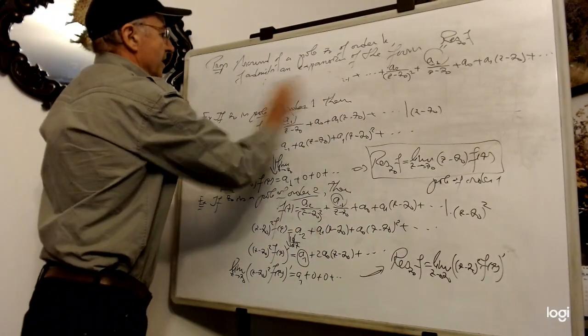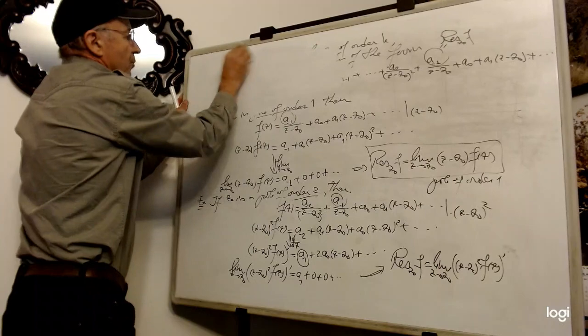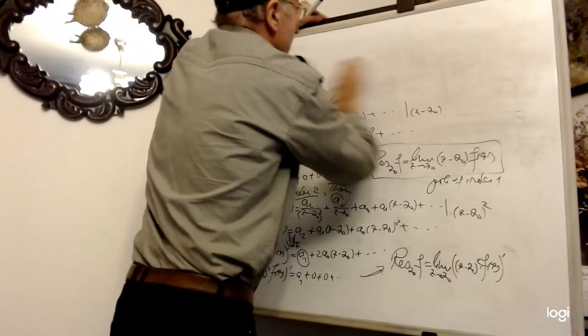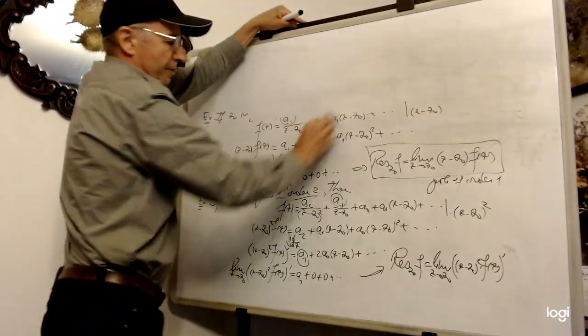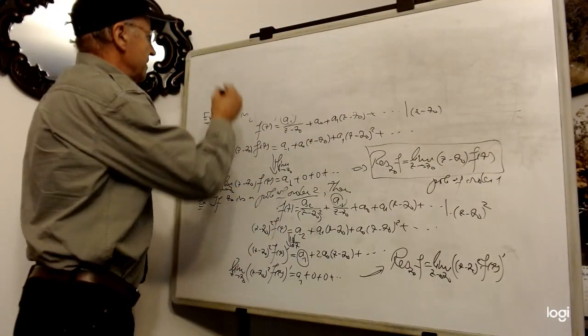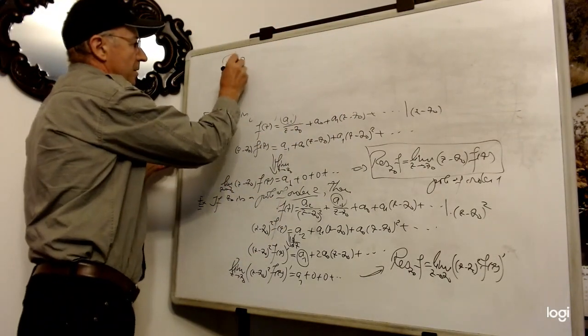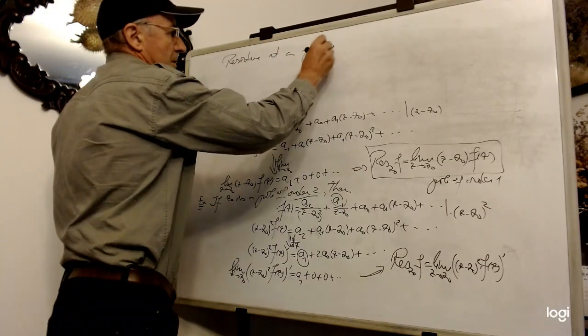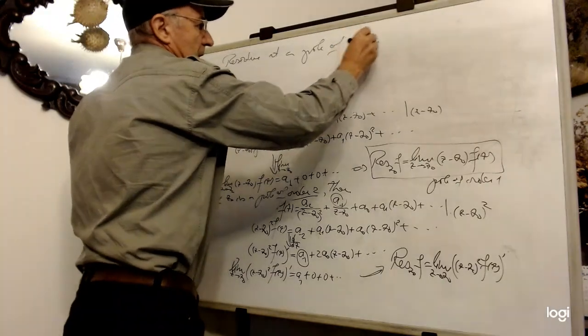By using the same method, we can find the formula for the residue at a pole of order k.